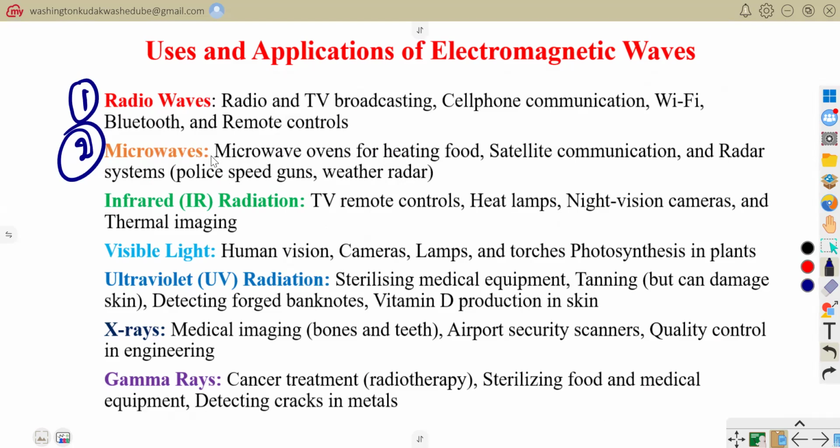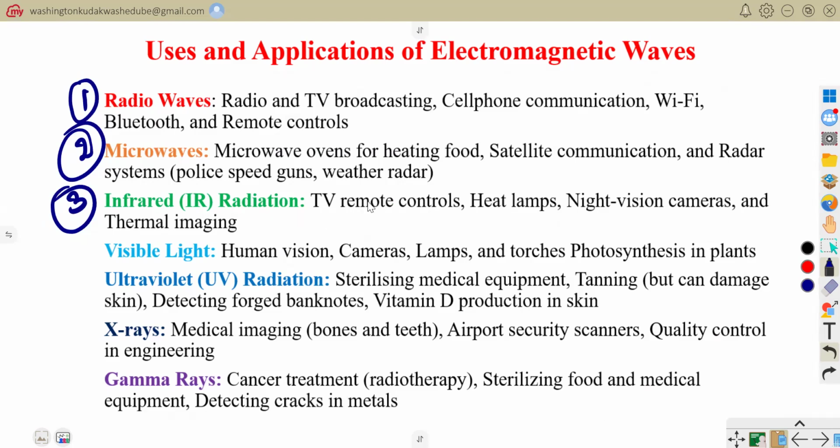And then when it comes to infrared radiation, this is usually used in TV remote controls. I'm sure you've seen that when you press a TV remote control, you start seeing either a red or blue or green light shining from the remote control. That is what we call infrared radiation.